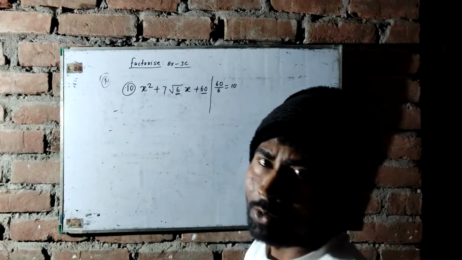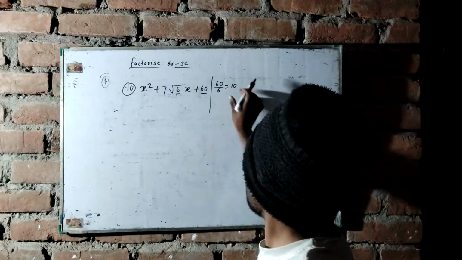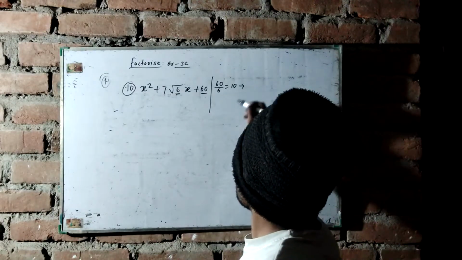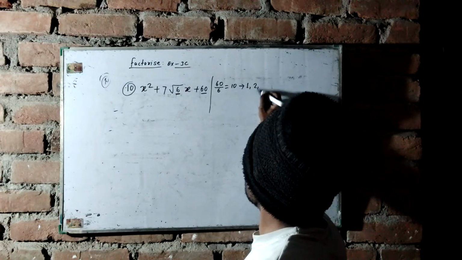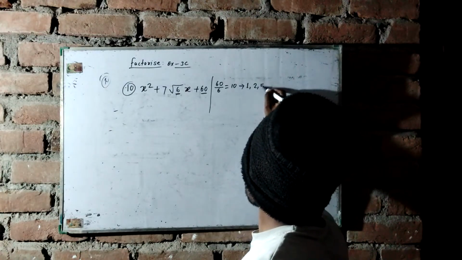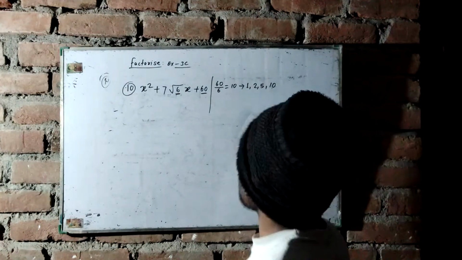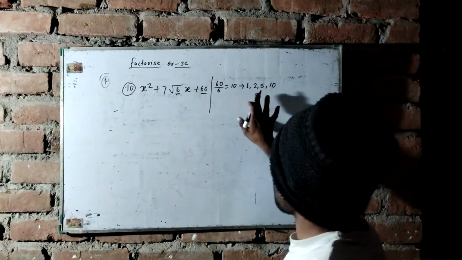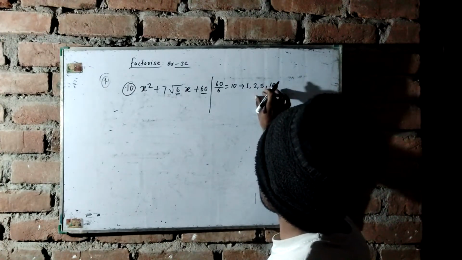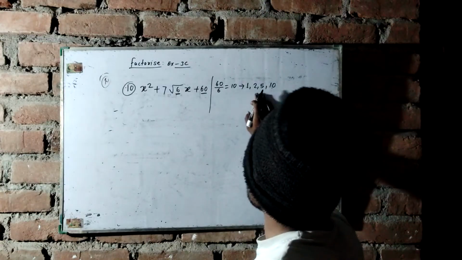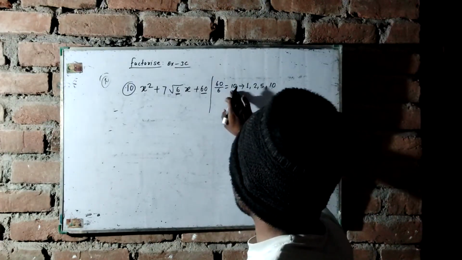Now we have to write all factors of 10. So all factors of 10 will be 1, 2, 5 and 10. Now choose two numbers from here whose product will be 10.